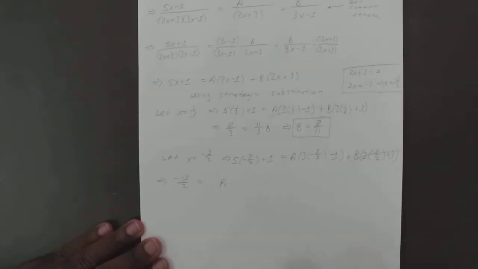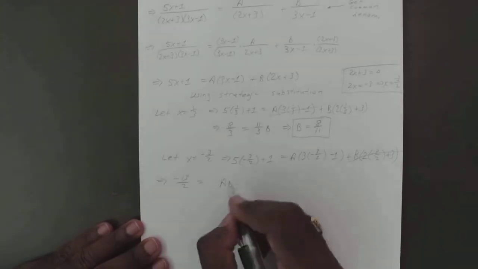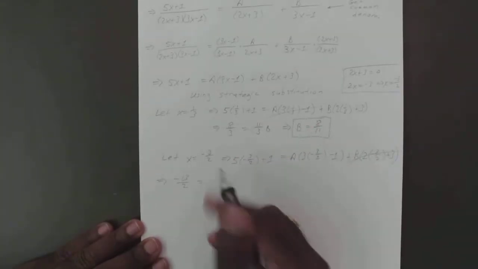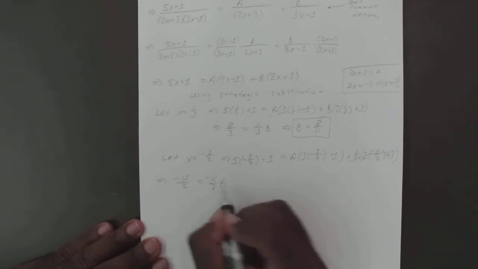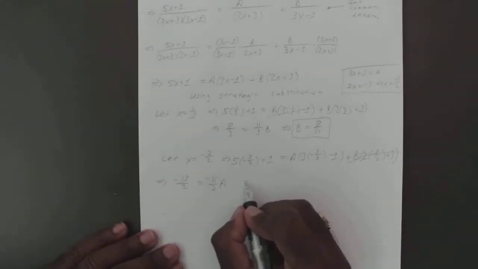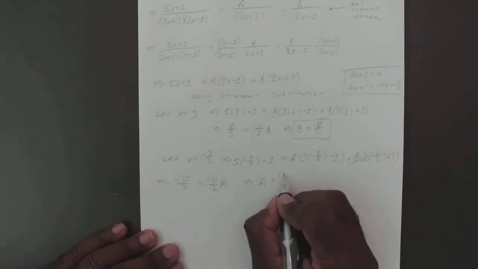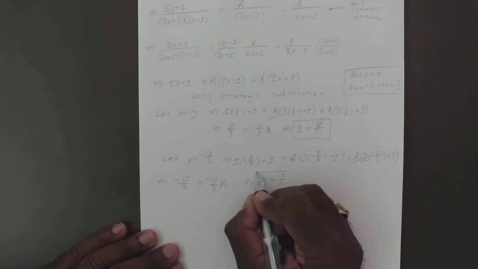So negative 9 over 2 minus 2 over 2 would be negative 11 over 2. So negative 11 over 2 A. Okay, multiply both sides by negative 2 over 11. The 2's cancel out, so you end up with A equals 13 over 11.